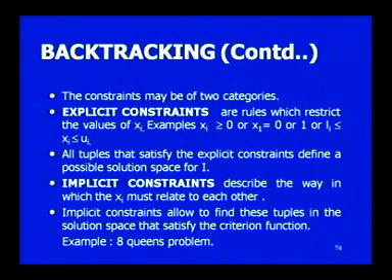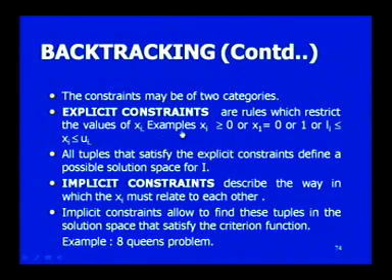There are 2 types of constraints we have. One is called the external constraint and another is called the internal constraint. External constraints are rules that force a variable to take only particular values.